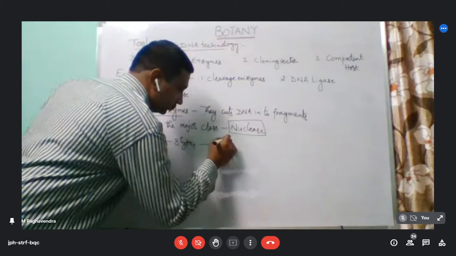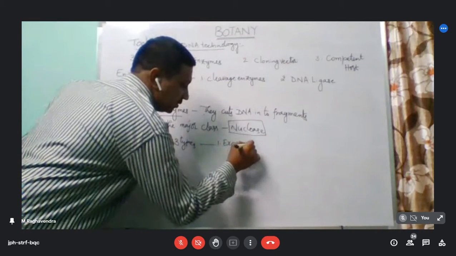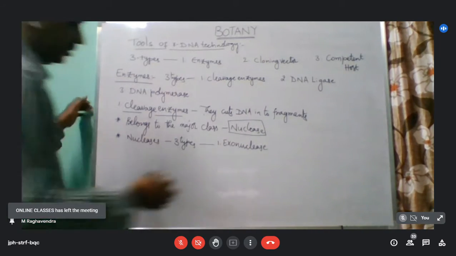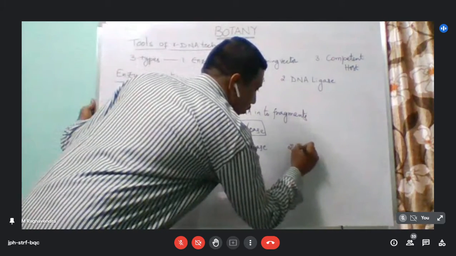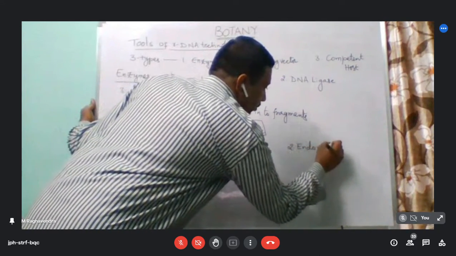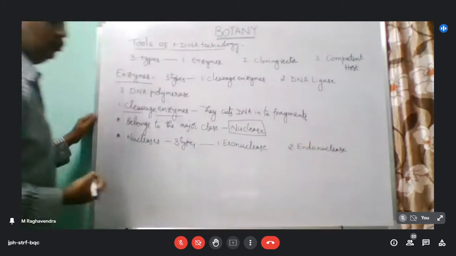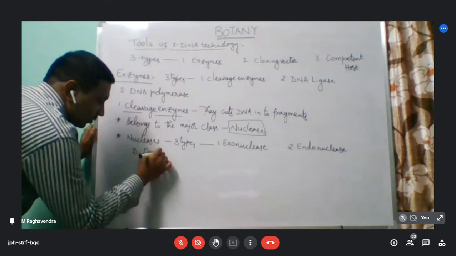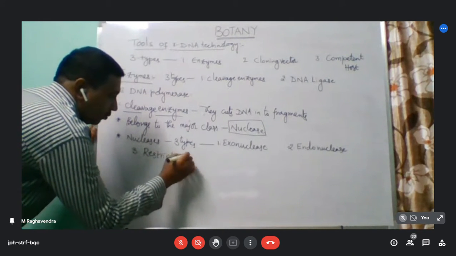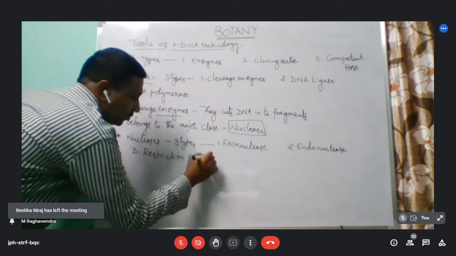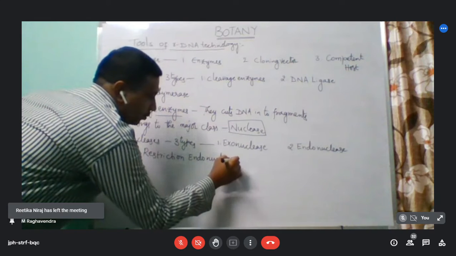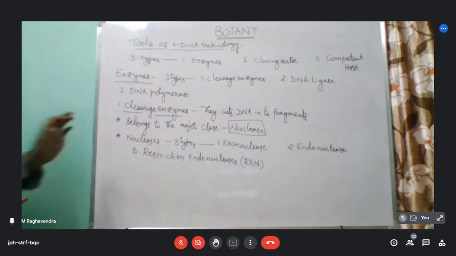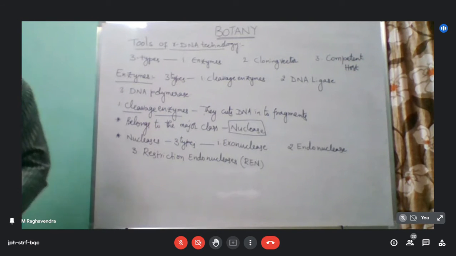Number one, exonucleases. The second type is endonuclease. And the third type is restriction endonucleases, which we simply call REN. They belong to the group nuclease.